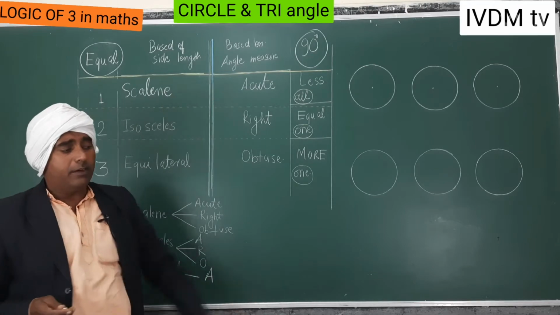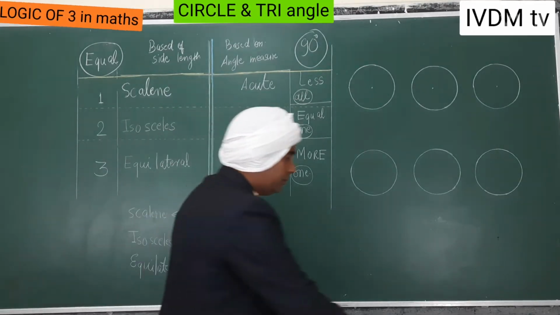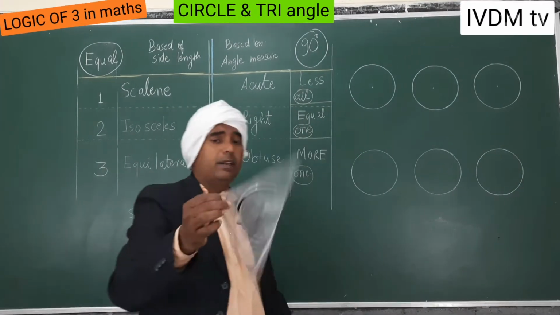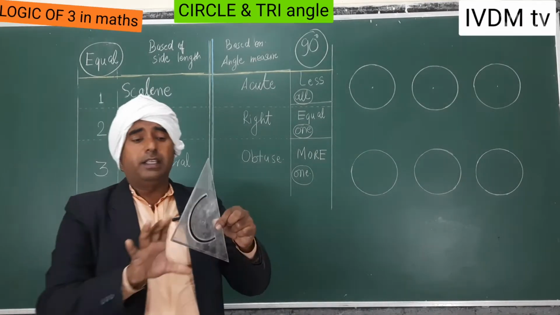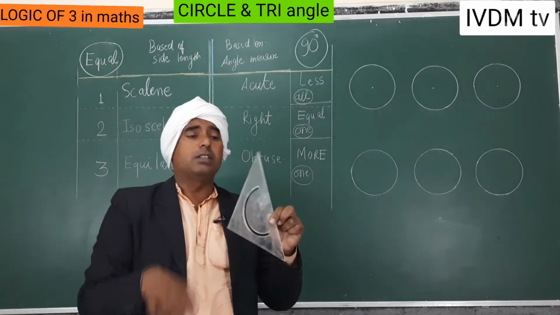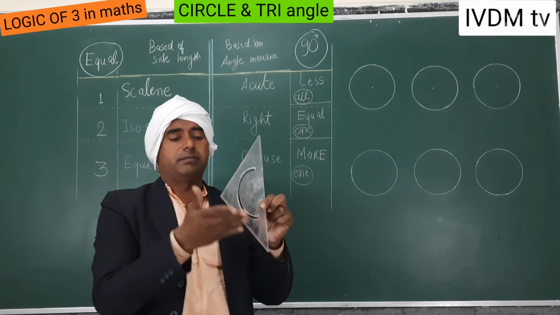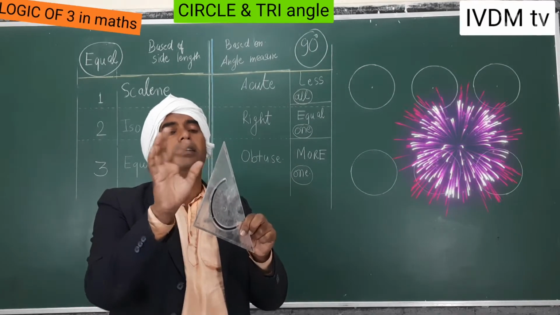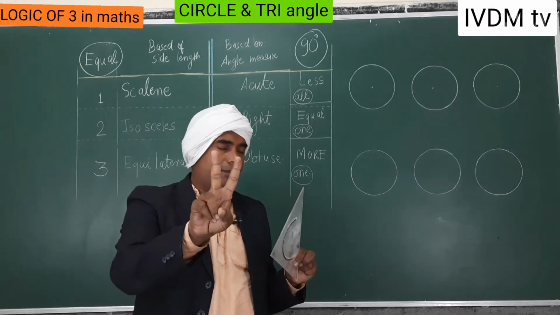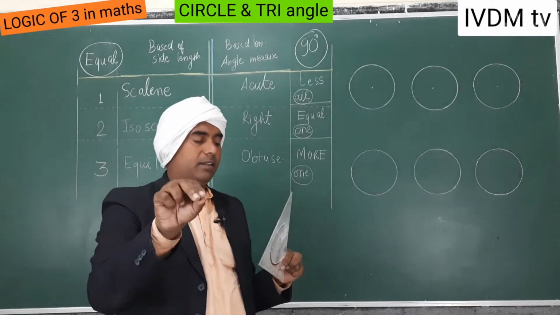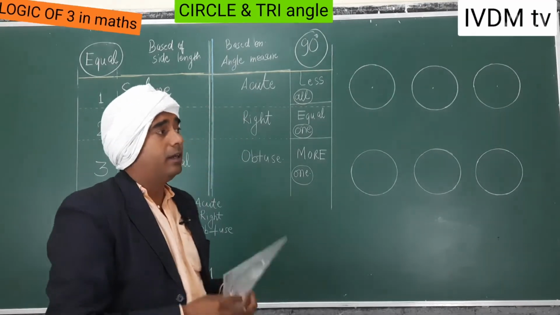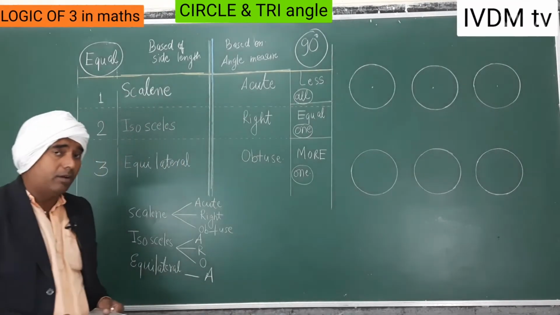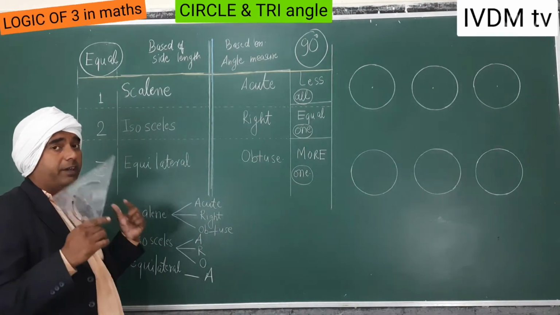So actually in a triangle, there are only two things. What? These sides and angles. So we only have two types of things. That is why the triangles are divided on the basis of two different things.